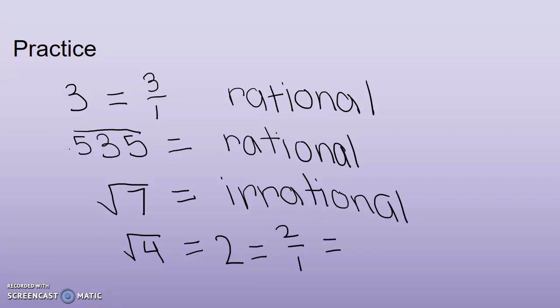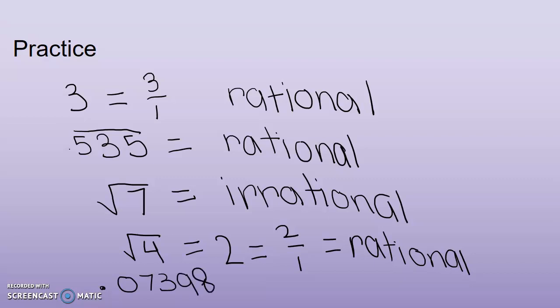So that is actually rational. And then if we had 0.07398 and just a bunch of random digits, that would be irrational.